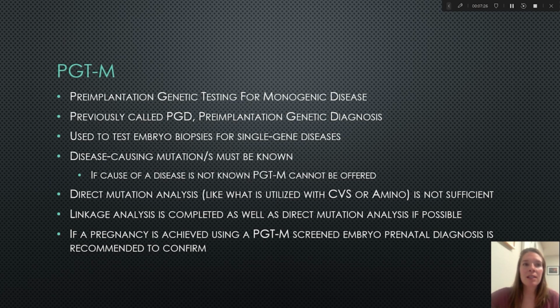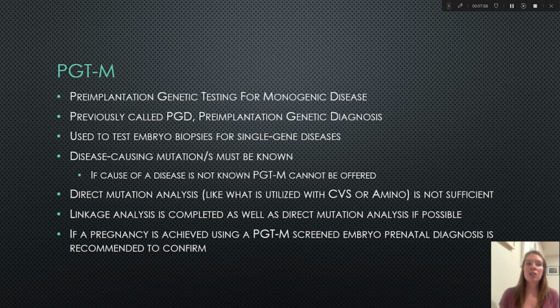If the cause of a disease is not known, PGT-M cannot be offered. Direct mutation analysis, like what would be utilized with CVS or amniocentesis when you go looking for the parental pathogenic mutation, is not sufficient with PGT-M. You cannot rely on direct mutation analysis for PGT-M, and I'll get to that reason in a little bit.